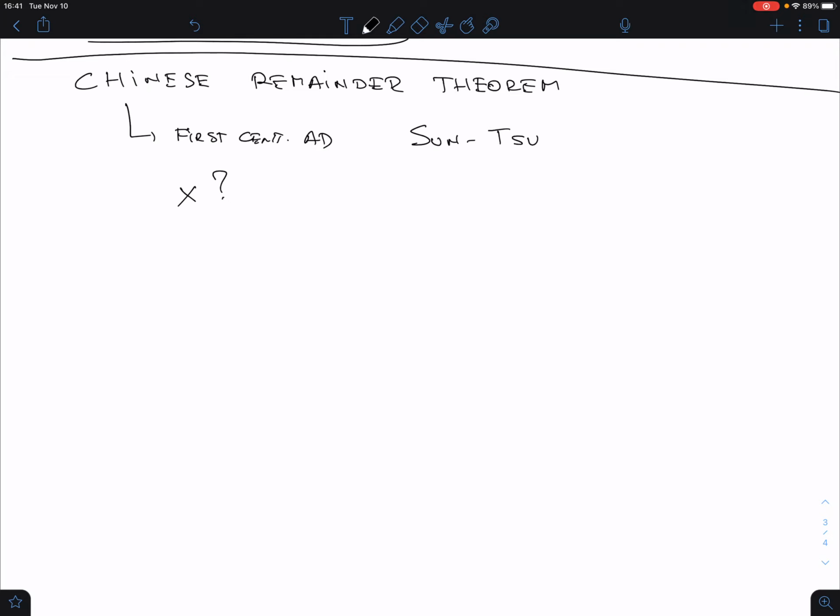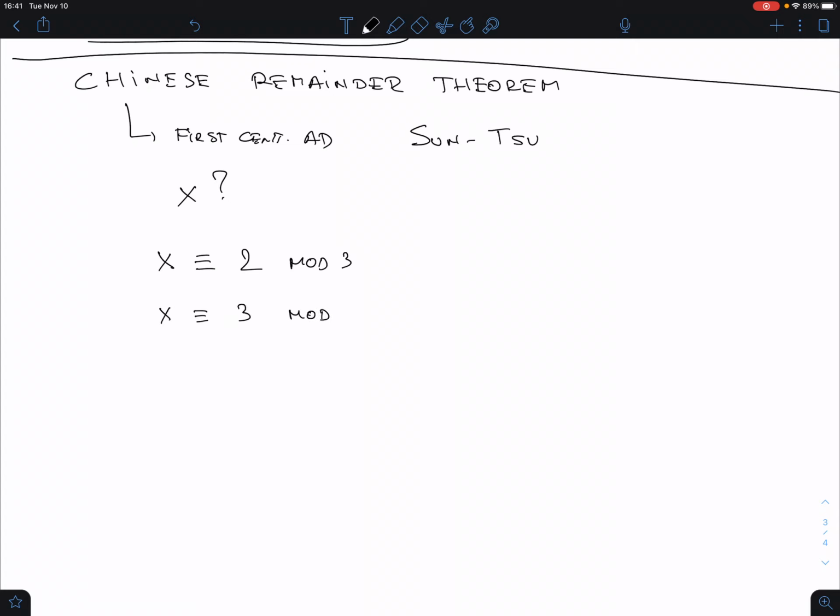And what he says, when divided by 3, the remainder is 2. Well, we have exactly a way to say that. Divide by 3 means mod 3. So it says x is equivalent mod 3 to what? The remainder, 2. This is exactly writing in our notation the fact that if you divide x by 3, the remainder is 2. When divided by 5, the remainder is 3.